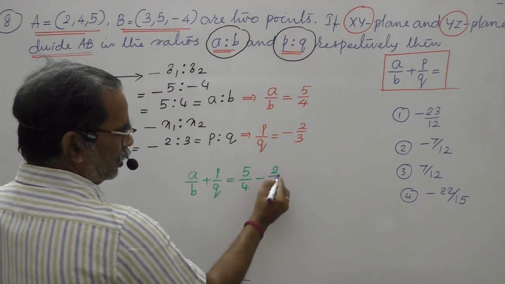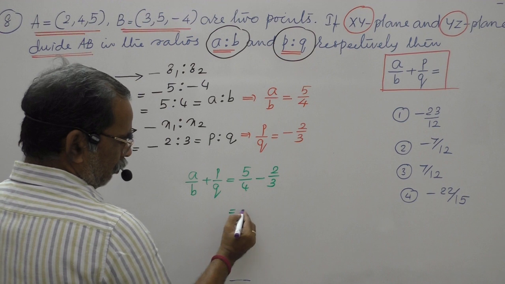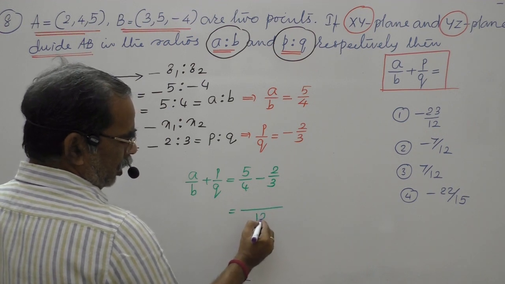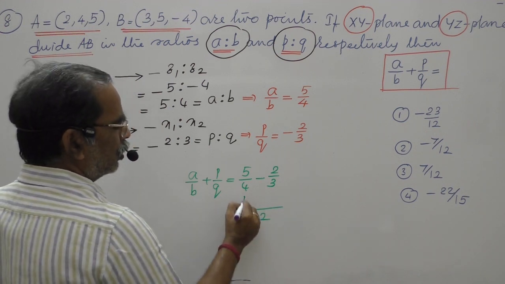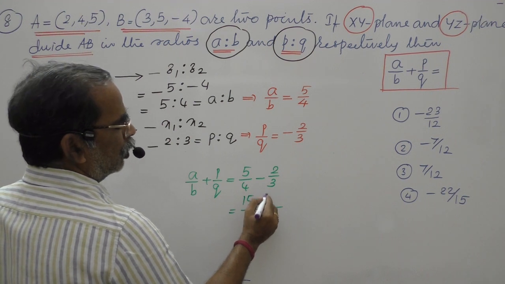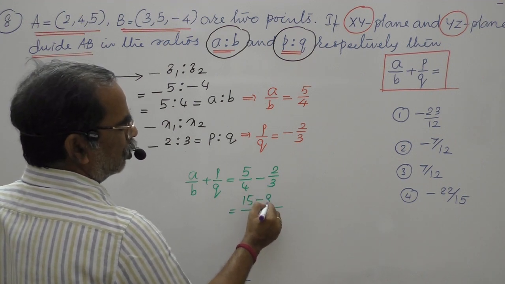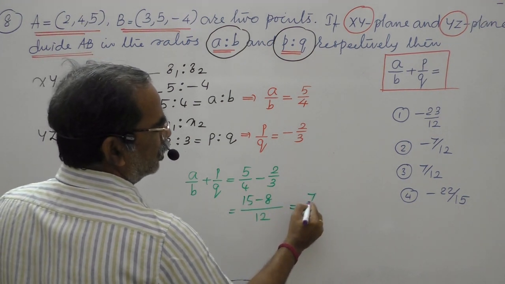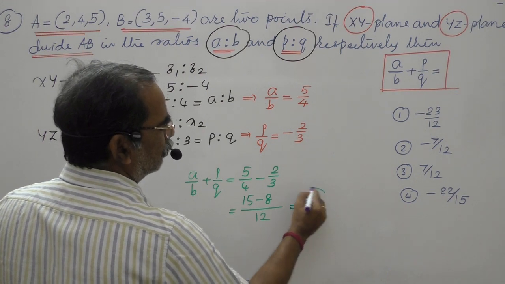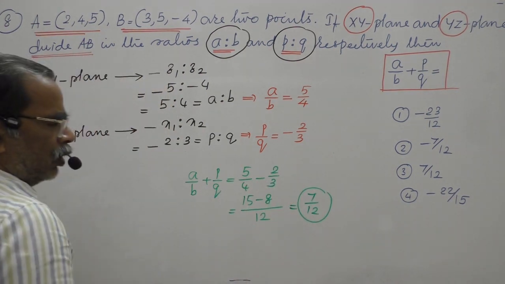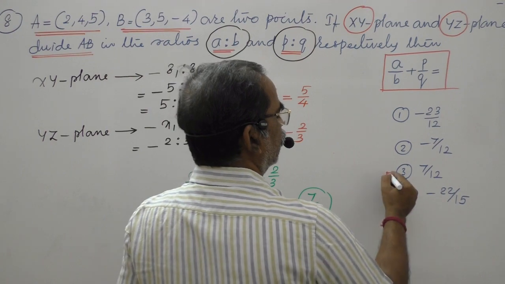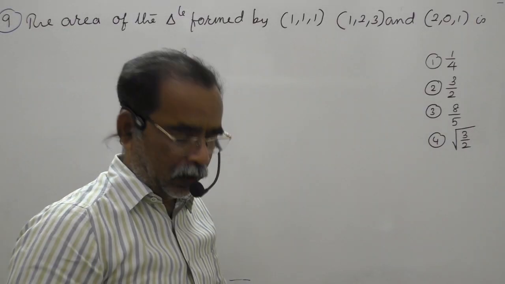Plus into minus is minus. I shall take LCM. It is 12. 4 times 3 is 15. 4 times 2 is 8. What is this? 7 by 12. Therefore, third option.